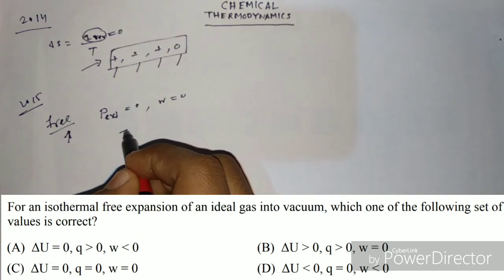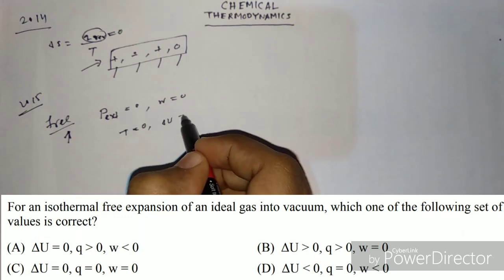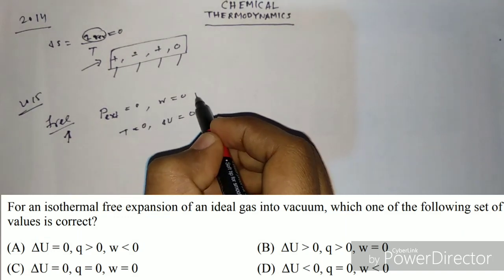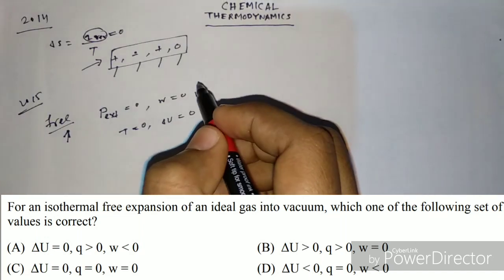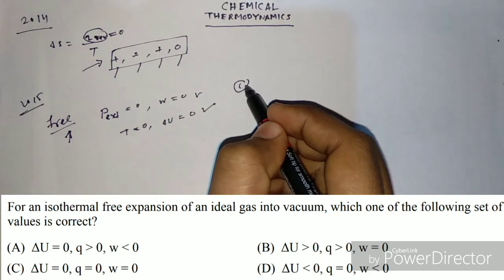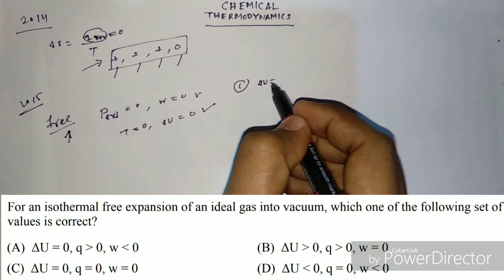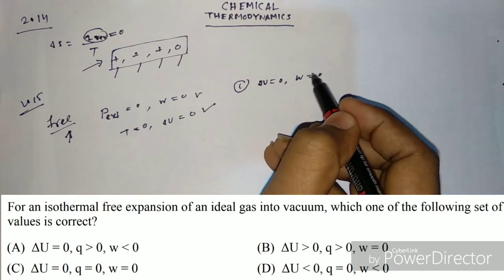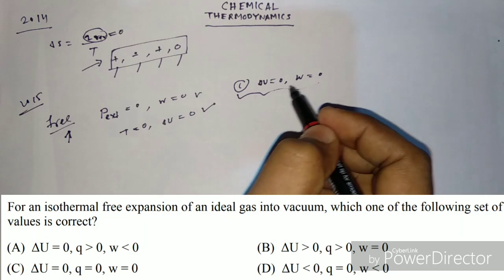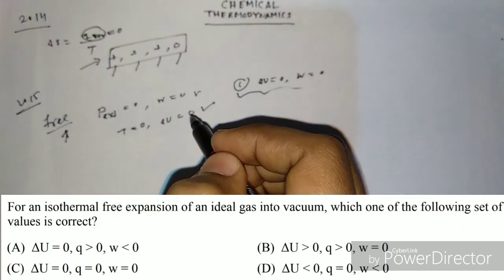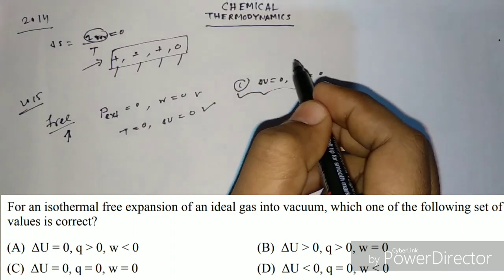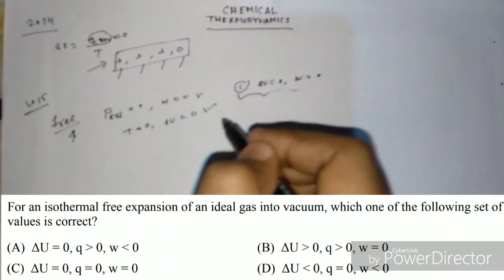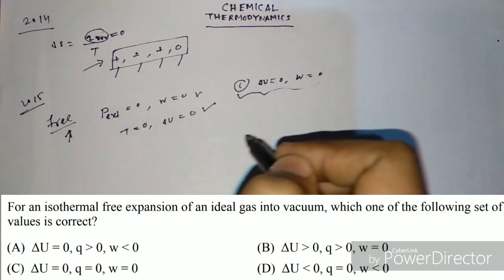And isothermal means temperature change equals 0, so delta U will be 0, and these two are correct. Among the four options, only option C has delta U equals 0 and W equals 0, so we need not consider Q, and option C will be correct. This is the trick.